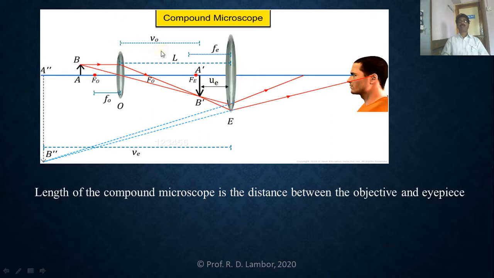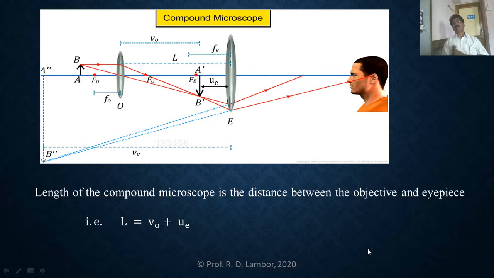And if we add VO plus UE, we get L, that is, length of compound microscope equal to image distance for objective plus object distance for eyepiece. So in this way, we discussed how to find expression for magnifying power of compound microscope.